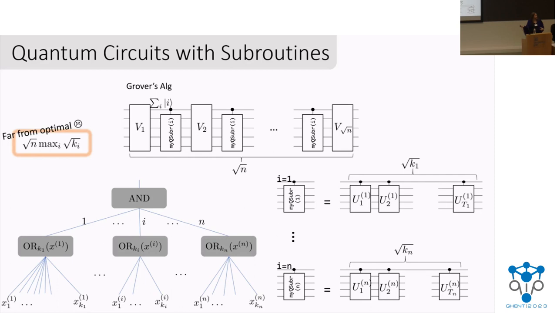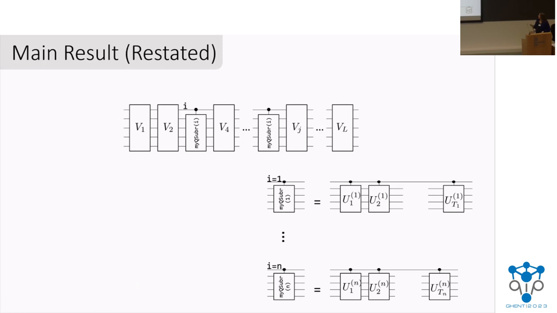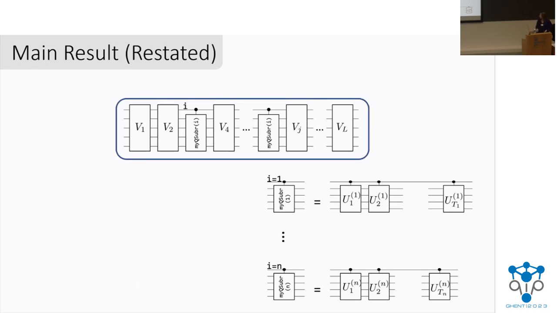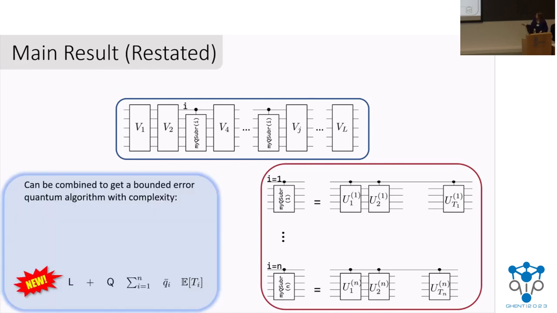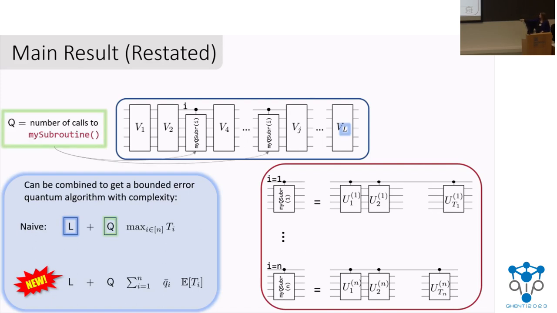composition result. So I will now restate the main result with a little bit more detail now that we've seen what these things mean. The main result is that if we have a quantum algorithm that calls a subroutine, where we can express the subroutine as one circuit for every possible input to the subroutine, we can combine these to get this composition result, which we can compare with a naive composition, where L is the number of operations in the main algorithm, Q is the number of those operations that are queries, and T_i is the number of operations in the subroutine when called on input i.